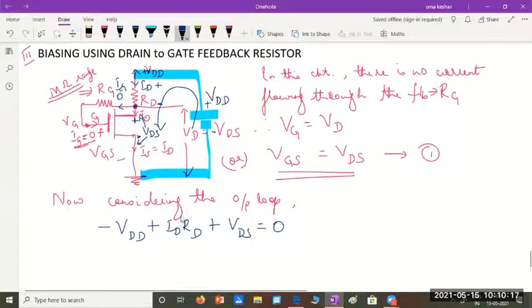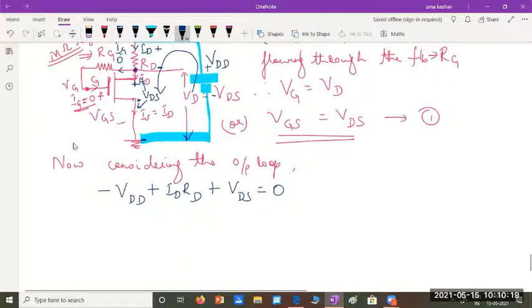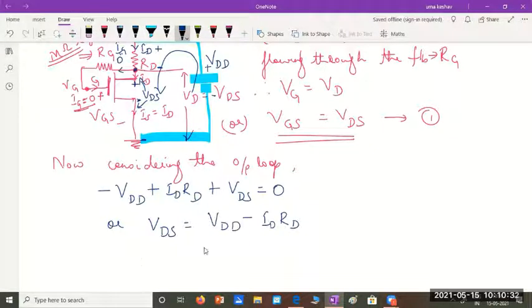Is that clear? So this is about writing the output loop equation, or I can say VDS, the drain source voltage, can be written as VDD minus ID RD. Okay. So the drain source voltage is VDD minus ID RD. And what have we shown in equation 1?